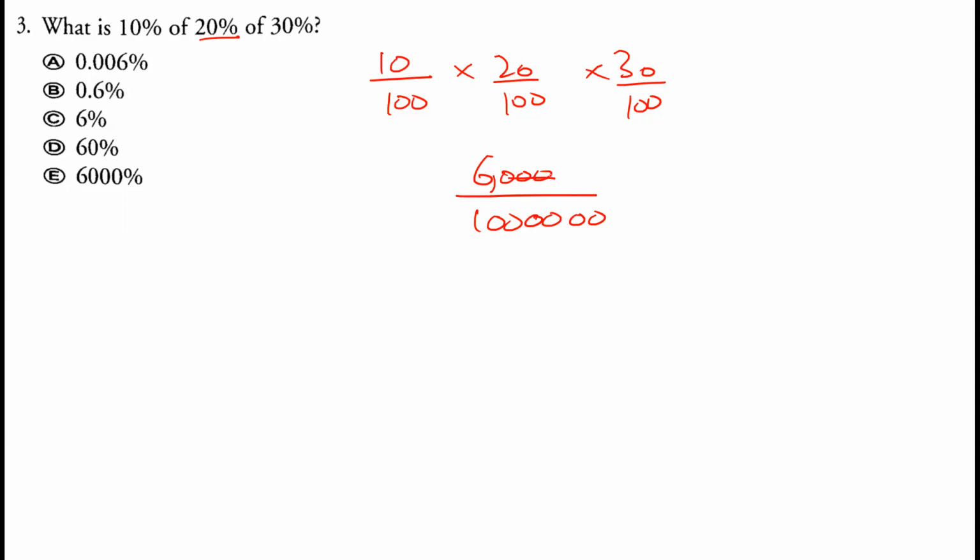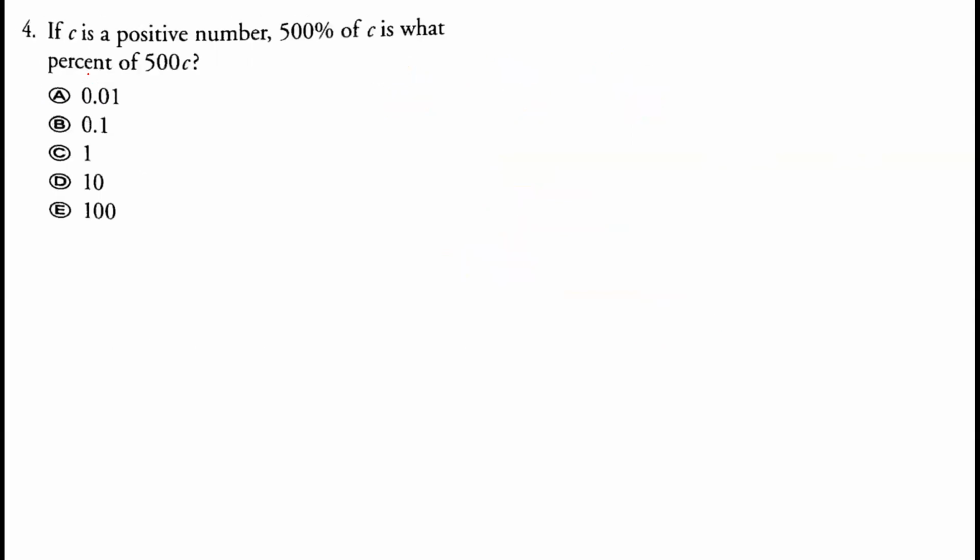So we cancel them against the 3 zeros over here, and we are left with 6 divided by 1,000. If we place the decimal, 1, 2, 3, we get 0.006, or 0.6 divided by 100. So the answer would be 0.6%. So the correct option is B.